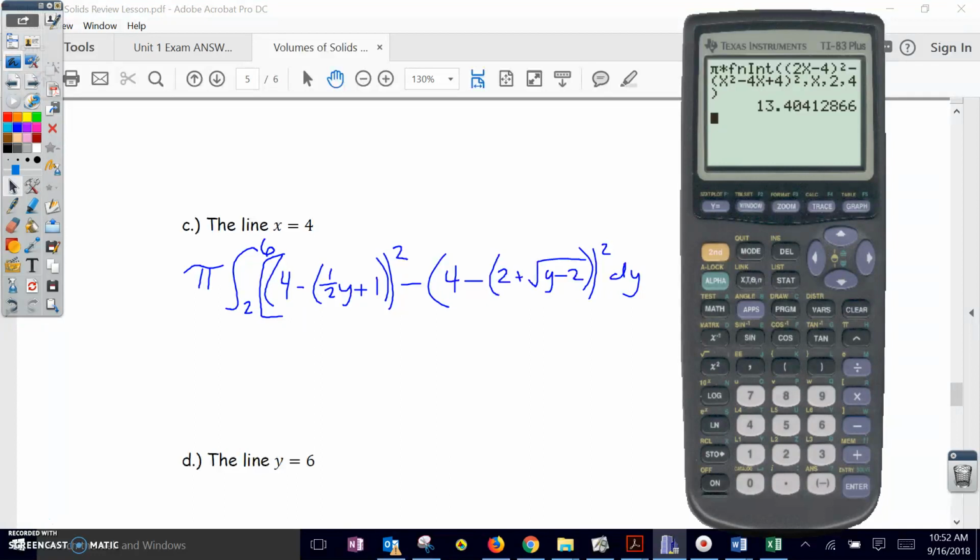And so we've got pi times the integral of the quantity 3 minus 1/2 y, quantity squared, minus the inner radius, which is going to be 2 minus the square root of y minus 2, the whole quantity squared, with respect to y, from 2 to 6.